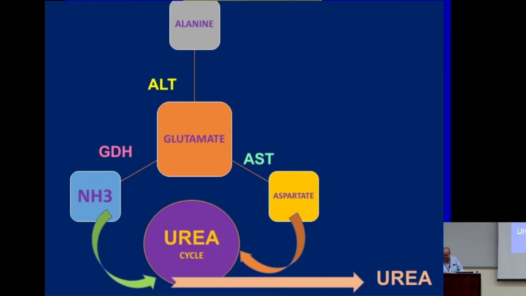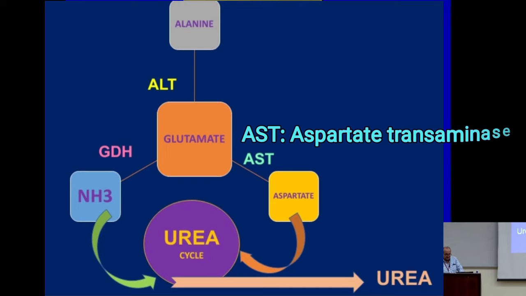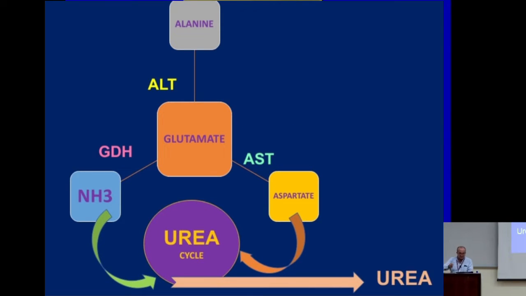Then you have AST. AST is going to take some of that nitrogen you collected in glutamate and give it to oxaloacetate to form aspartate.